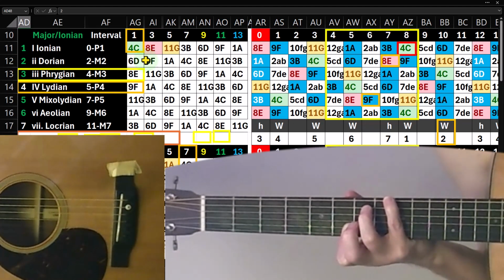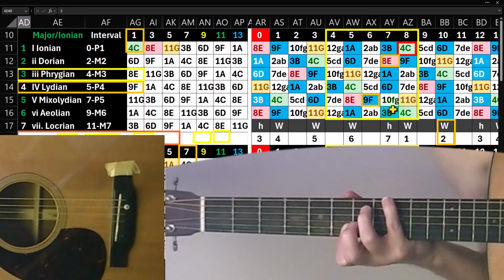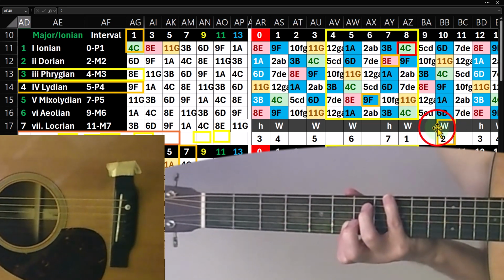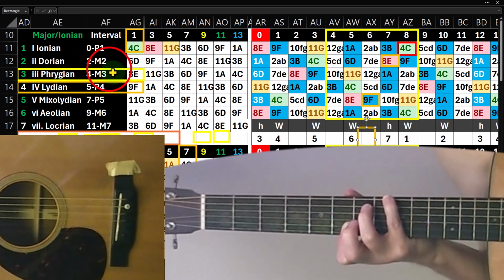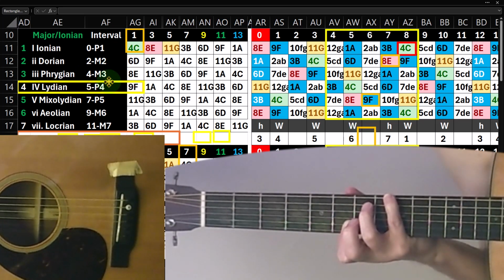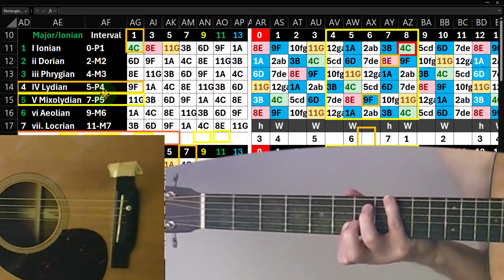Okay, so let's go back up again, and let's count this through. So now we're going from the 4 to the 5.